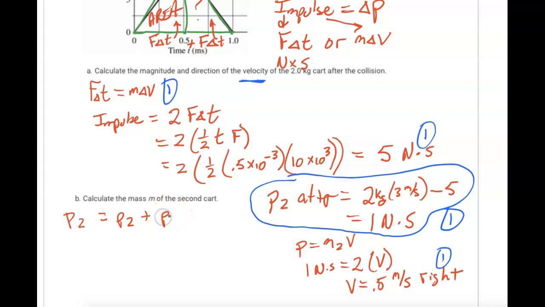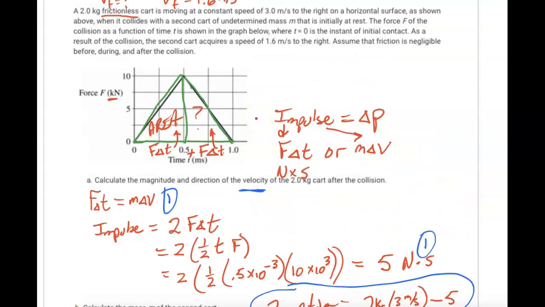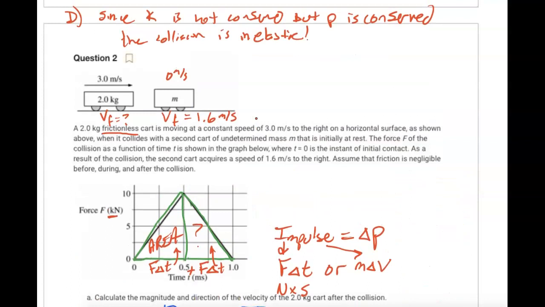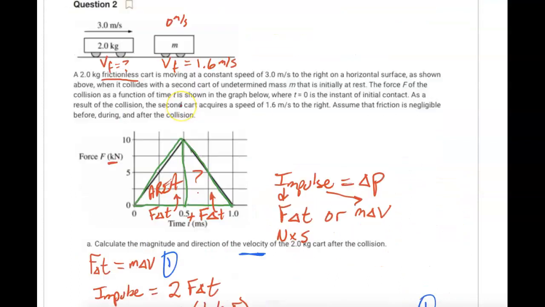So we're just going to put the momentum of that mass afterwards. We know that this is 6. It's equal to 1 plus the mass times the velocity, which we said was 1.6, and this is for our second cart, so you see that right here.